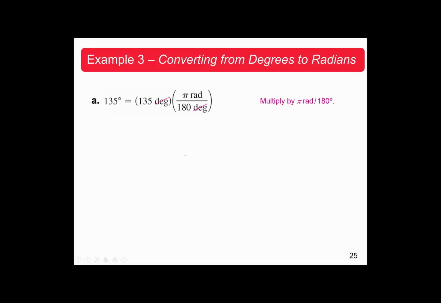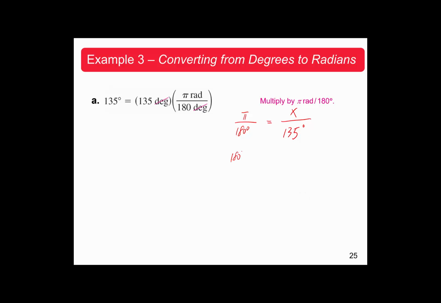Now let's take a look at how we convert 135 degrees to radian measurement. One way is to multiply by pi over 180. Another way is to set up a proportion. We know that pi radians equal 180 degrees. We want to figure out the equivalent radian measurement for 135 degrees, but we don't know how many radians that is. So assuming x radians, you cross multiply and solve for x.